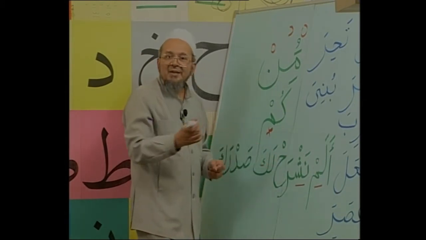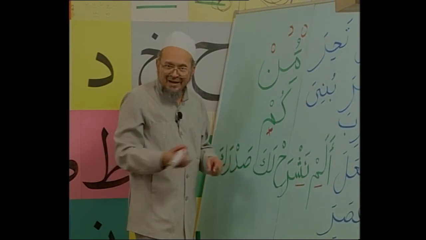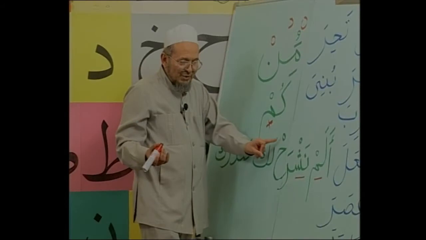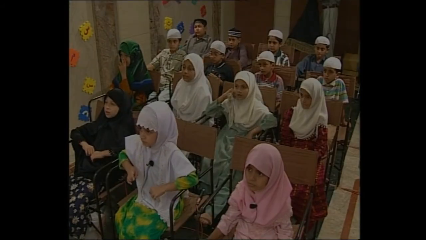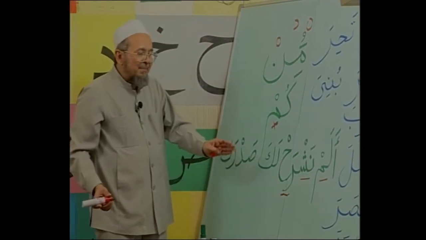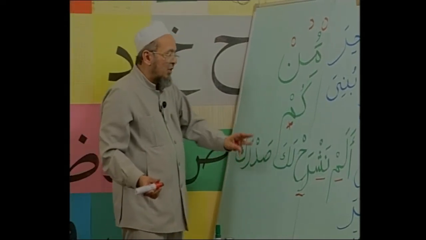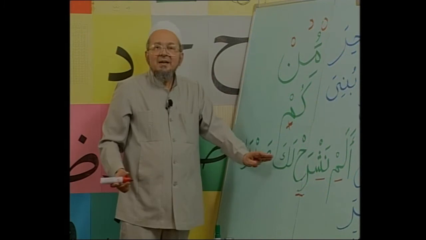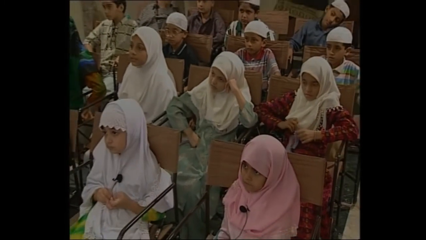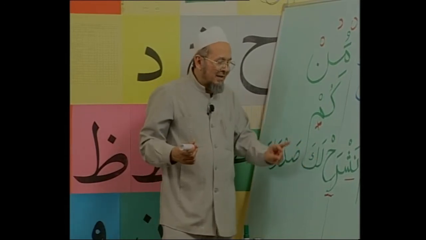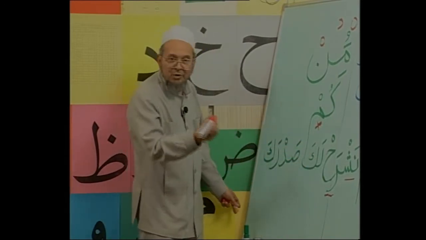Ha is immobile because it carries the sukun sign. So it will become rah. Alam nash rah. La ka, both are mobile.